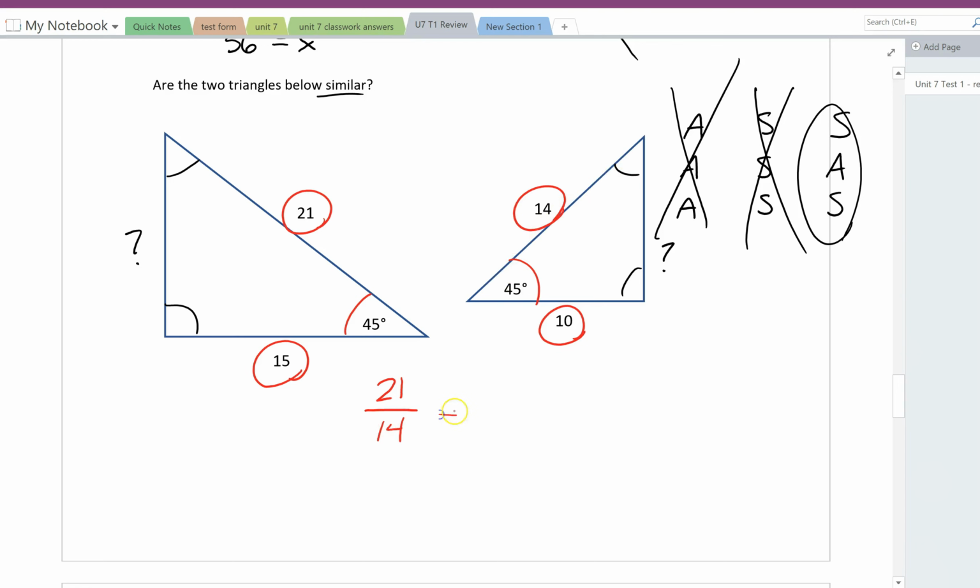And so for these two triangles to be similar, the ratio between the two longest sides would have to be the same as the ratio between the two, I guess, medium sides. Okay, so on the triangle on the right, the medium side is 15. Triangle on the left, the medium side is 10. Does 21 over 14 equal 15 over 10? If that's a yes, these two triangles are similar. If it's a no, they're not similar.